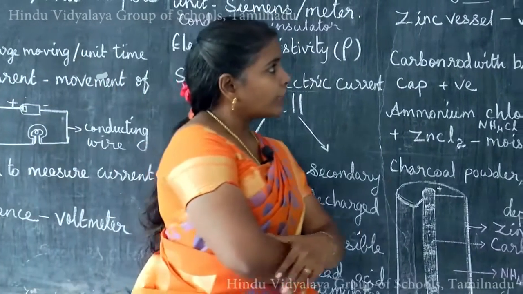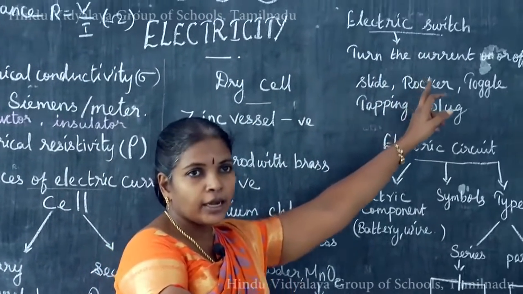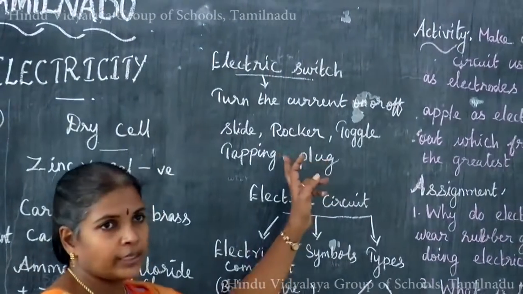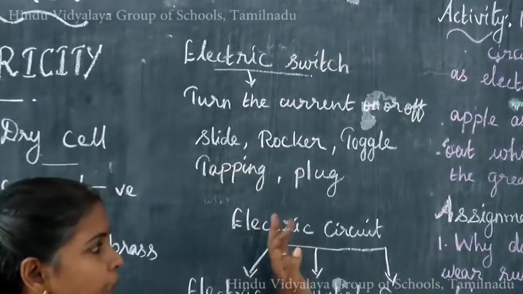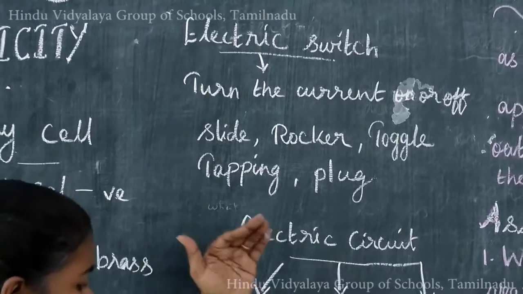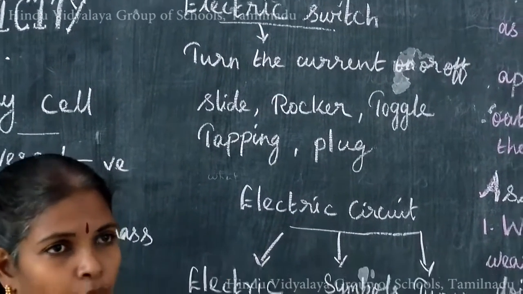The next, what is electric switch? Electric switch is used to turn current on or off, and there are different types of switches. Plug key is used in electric circuit. When the circuit is open, current does not flow.